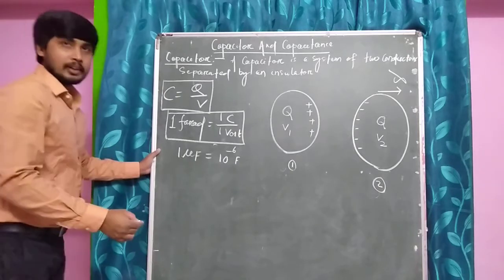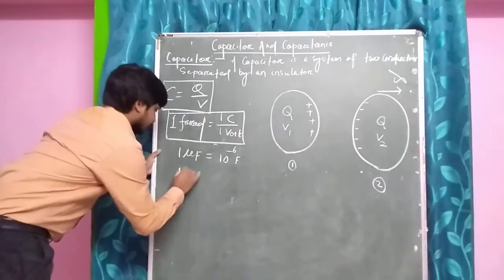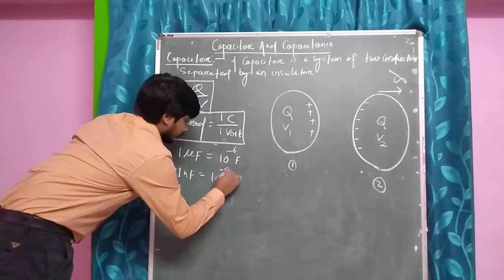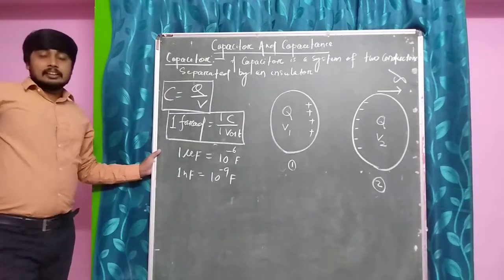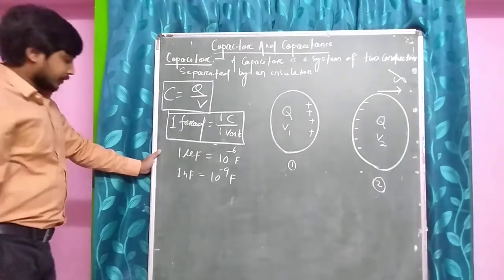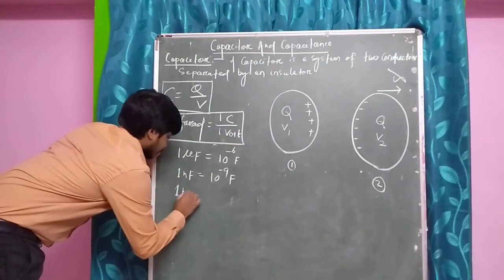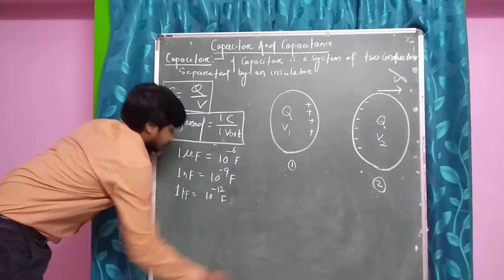Then next comes 1 nanofarad. It will be equal to 10 to the power minus 9 farad. Then next one is 1 picofarad. That will be equal to 10 to the power minus 12 farad.